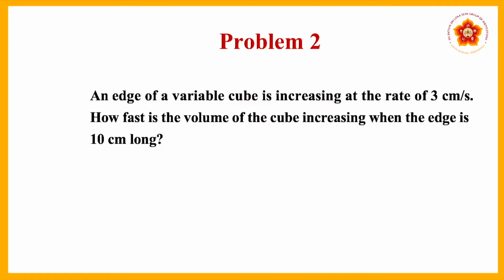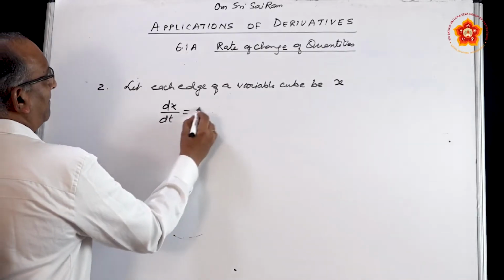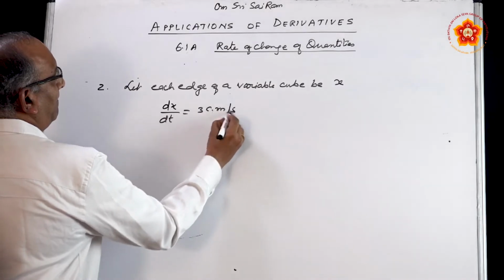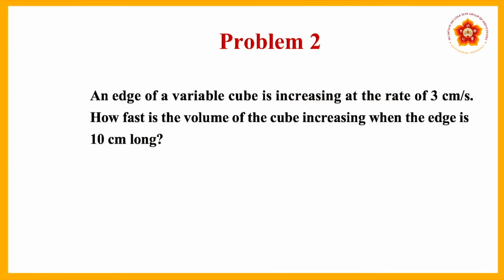And he says this length of the side is changing. Changing with respect to what? It is changing with respect to time. So, what he has given is 3 centimeter per second is dx by dt. He is asking how fast is the volume of the cube increasing when the edge is 10 centimeter long.